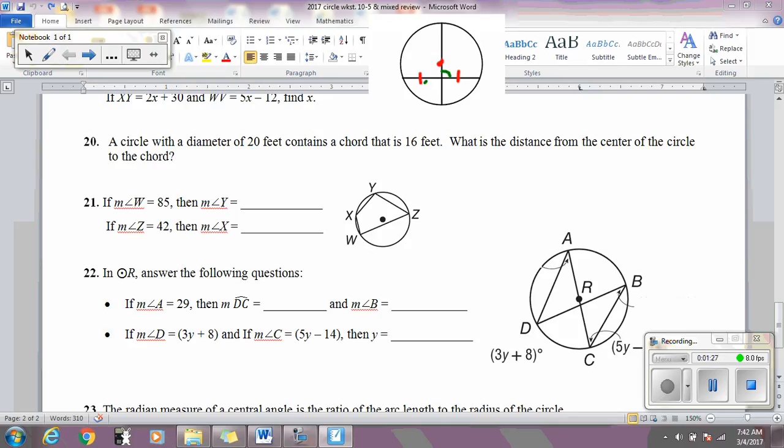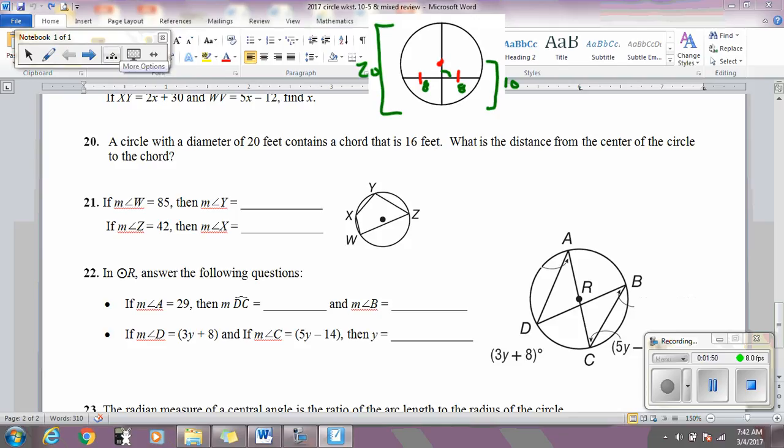So 8 over here and 8 over here. And the entire length of the diameter is 20. So that means each part is 10. Don't forget that.